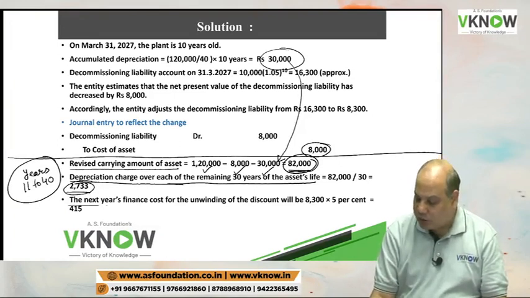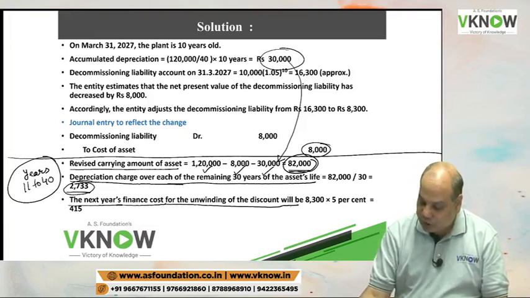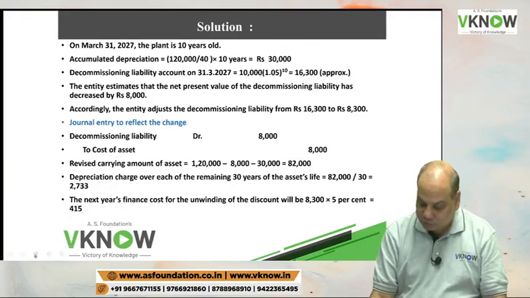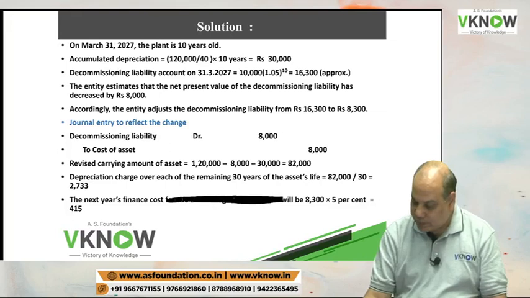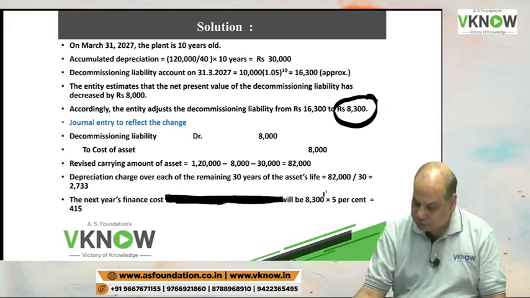Then write down the next year's finance cost for the unwinding of discount. Next year finance cost will be 8,300 into 5%.